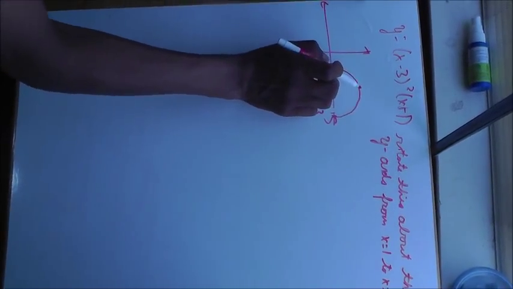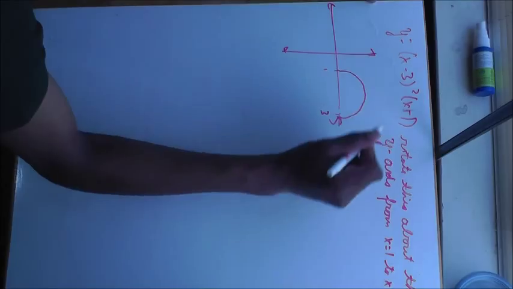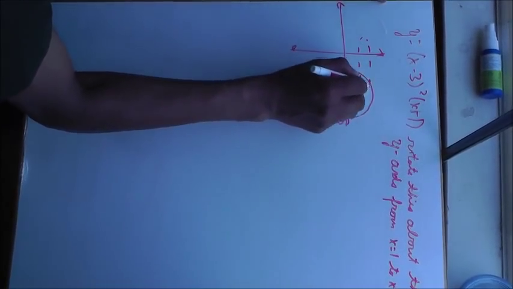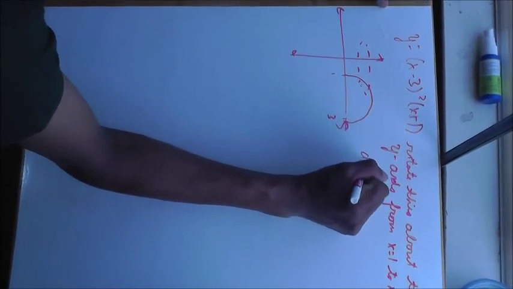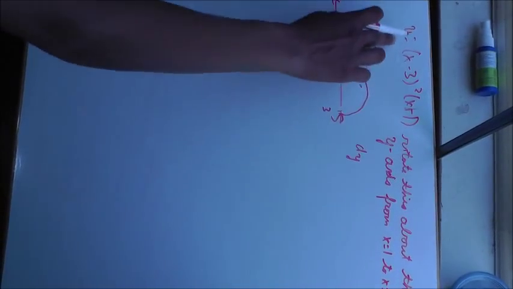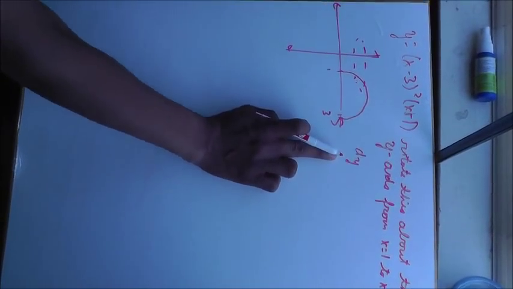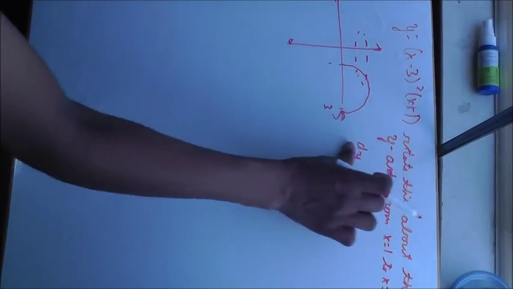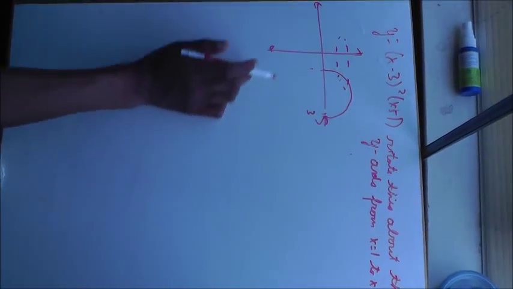Now if we did want to use the disk method, our disks, which would look something like this, have thickness dy. But the only problem with that is we can't integrate this function in terms of dy. So we have to use another method, and that's where the shell method comes in.